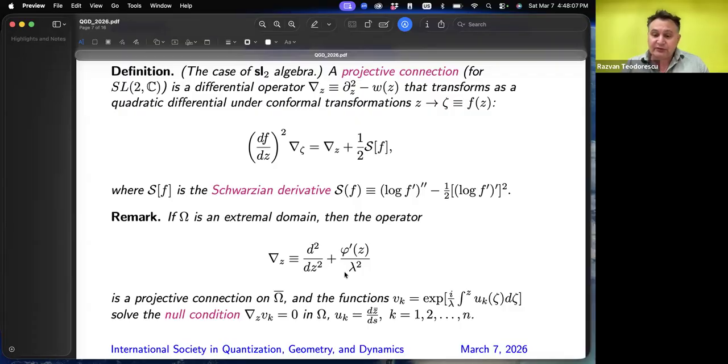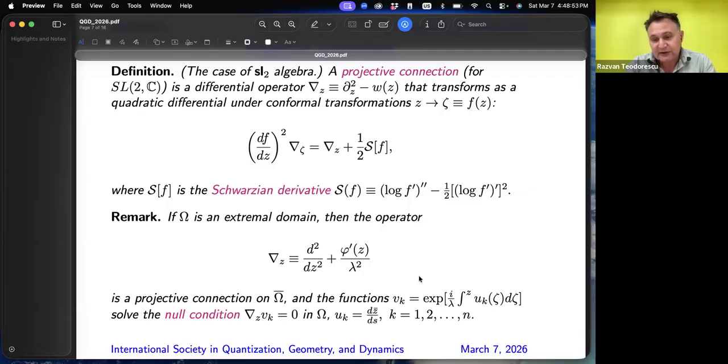And because they are chiral, because it's a simple exercise, when you go ahead and integrate in this exponent with respect to the arc length, that is a more natural way of writing this integral, then what one realizes is that the decomposition of the projective connection here as a product of two first-order differential operators will make it so that either one or the other of the two factors of the product will identically annihilate the function vk.